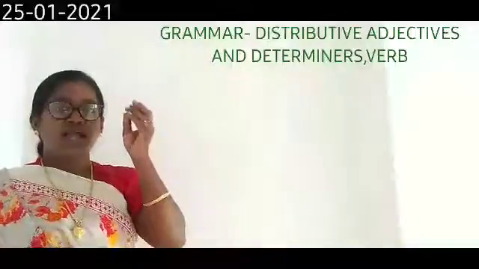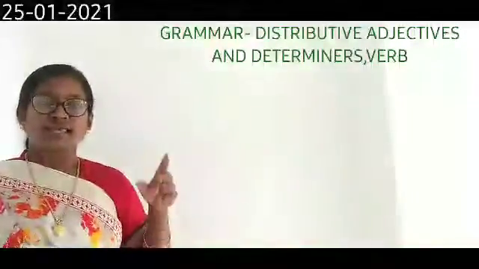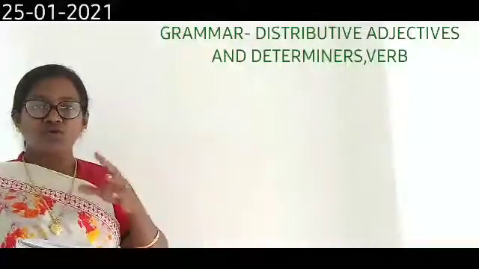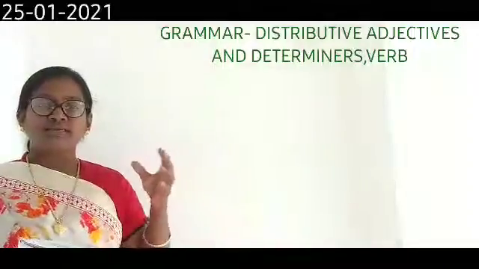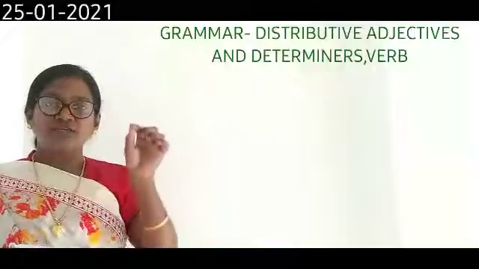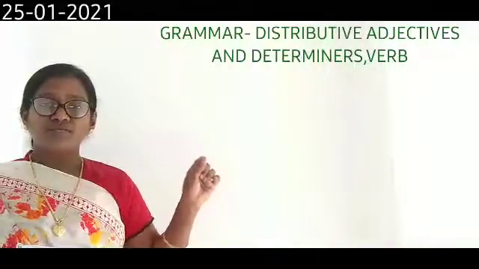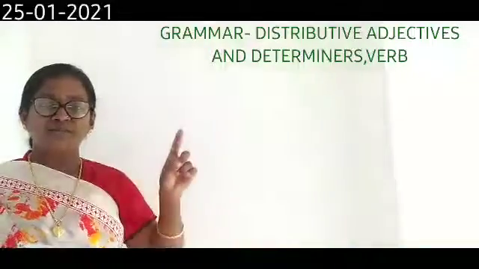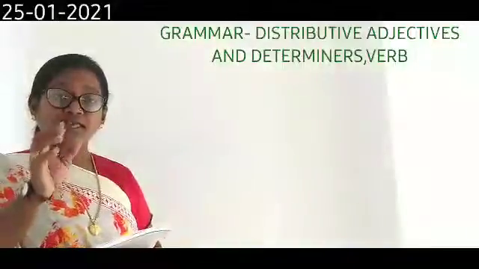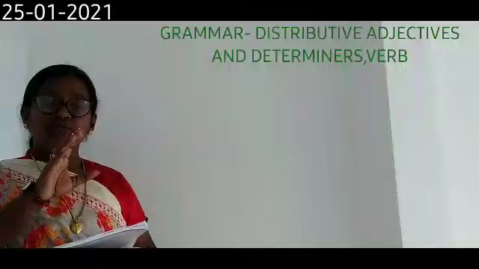Each, everybody, either or, this or that, neither nor. Not this, not that. Either this or that. Either of the men is perfect, means either of them is perfect; it means both of them are perfect.